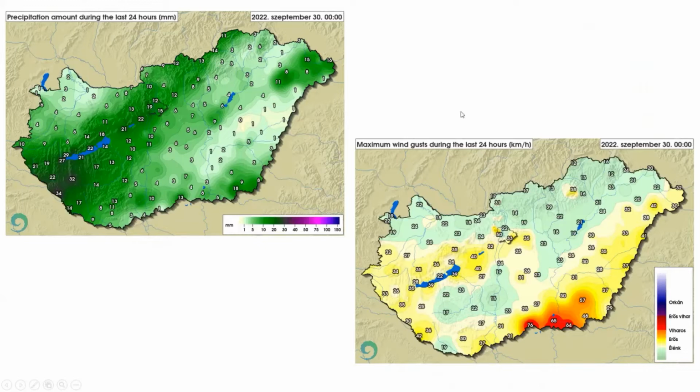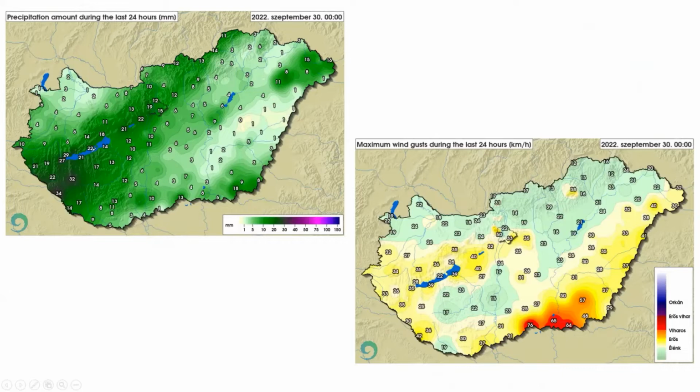It was a rainy day almost in the whole country. There was an extensive rainy area at a southwest northeast axis.